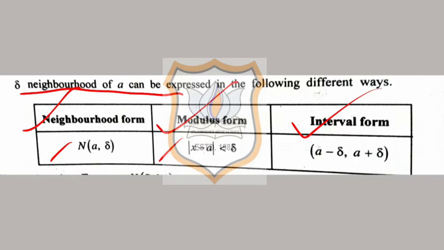Interval form we can write down as (a − δ, a + δ). Now this neighborhood form means, I told you that if this is the value x equal to a, then the region around x equal to a is called the neighborhood. So we will solve the sums based on this, that is we will be finding neighborhood form, modulus form and interval form.